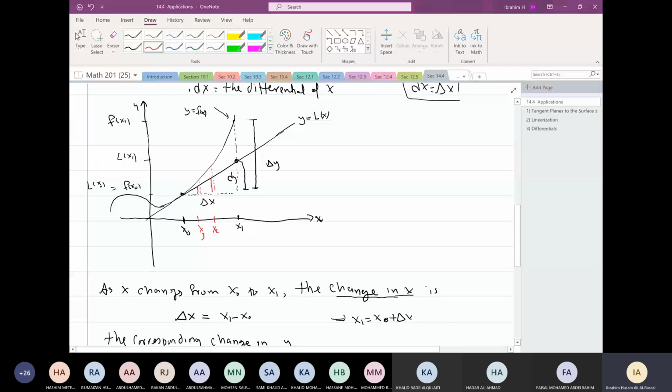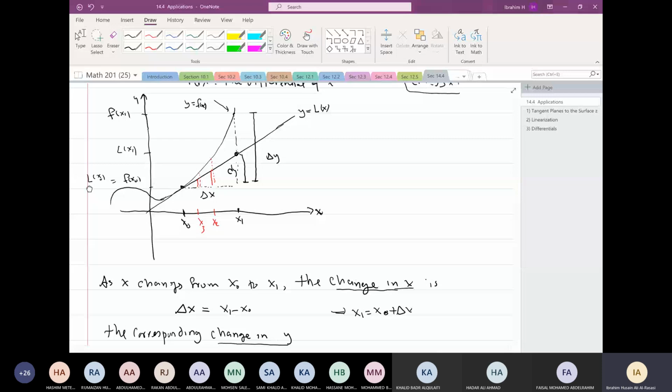So when you go near x0, what is the relation between delta y and dy? What happens to them when you are near x0? They get closer and closer, right? The two values get closer and closer because this difference gets smaller until you reach x0. So really near x0, delta y is approximately equal to dy.